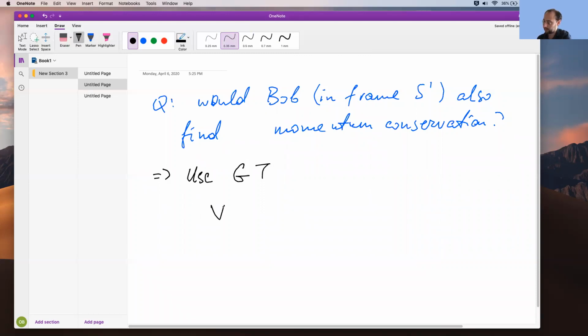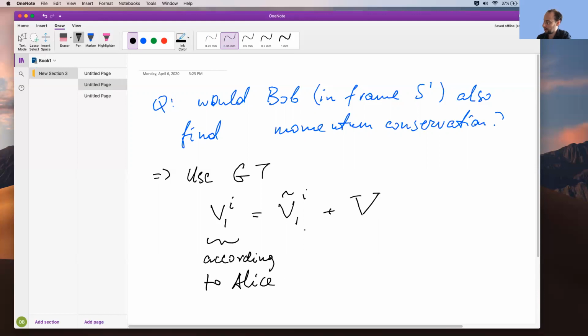How do I relate velocity? V1 initial according to Alice equals V1 tilde initial plus big V, where the tilde is according to Bob.